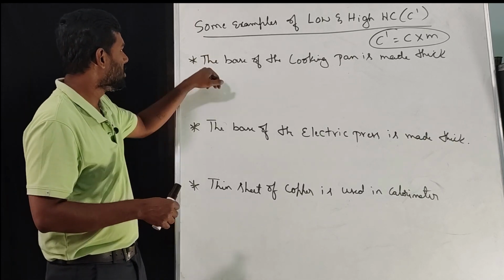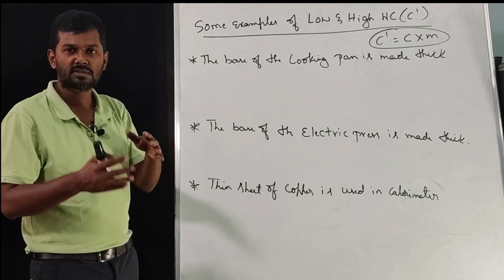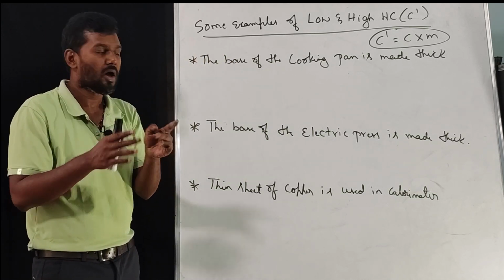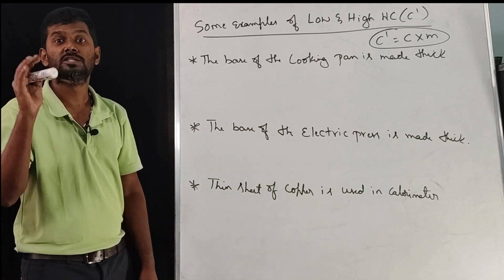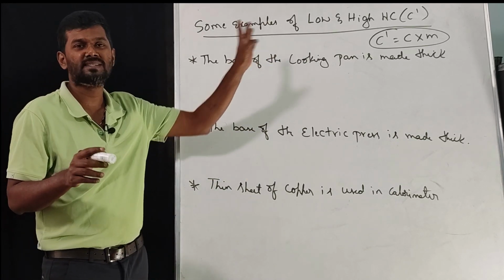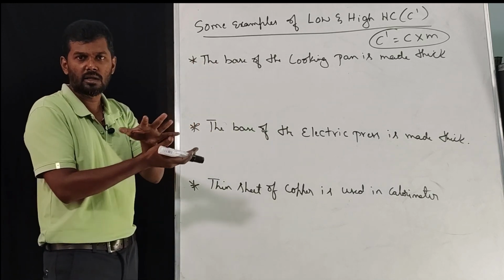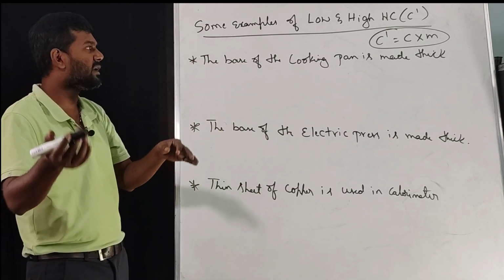Okay, listen. Whenever something is related to why it is made thick, why it is made thin, all those things, it is related to specific heat capacity or heat capacity. Keep that in mind. Now the base of the cooking pan, why is it made thicker?